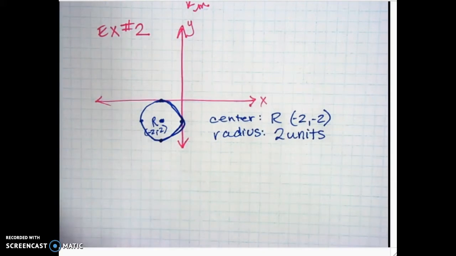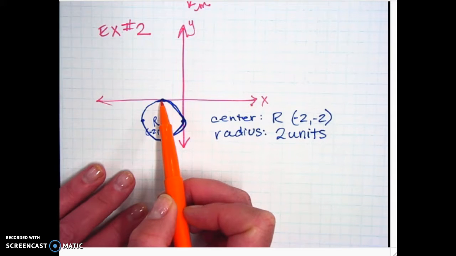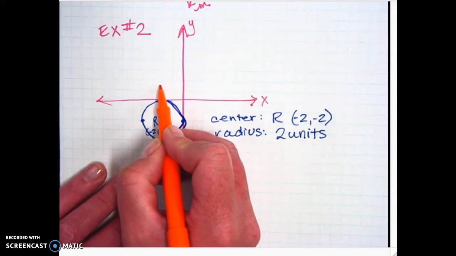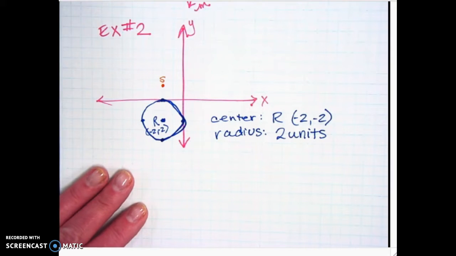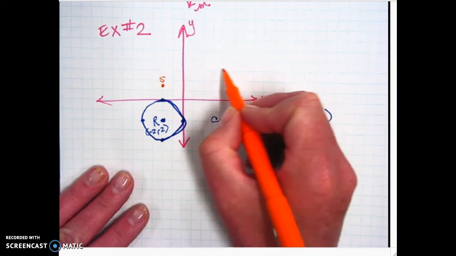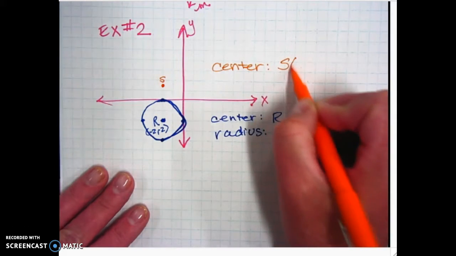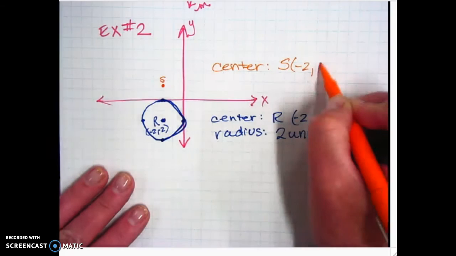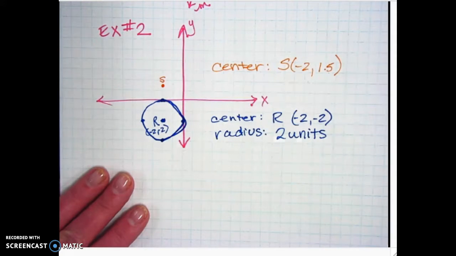All right, let's put another one in here. So this one, we're going to go 2 to the left again, but this time we're only going to go up 1.5. So right here, we'll call this S, and its center is going to be at S, and it's at -2, 1.5. You can write it as a fraction if you'd like.